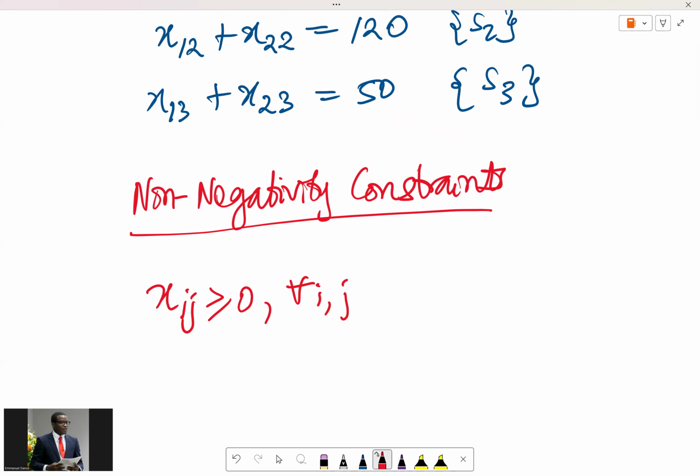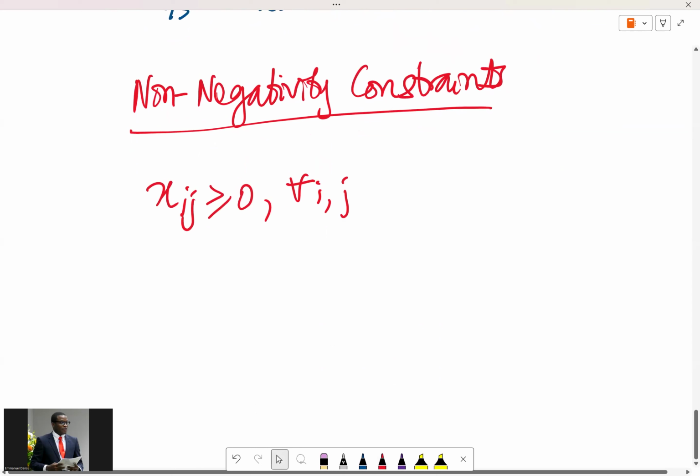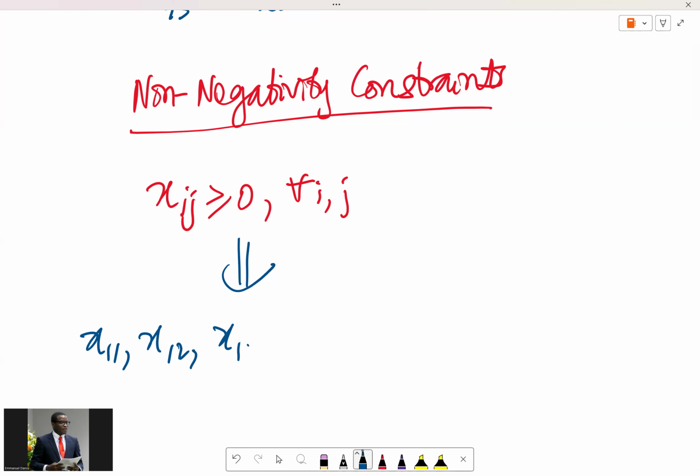Another way of saying that is x11, x12, x13, x21, x22, and x23 are all greater than or equal to 0. That's basically what that means.